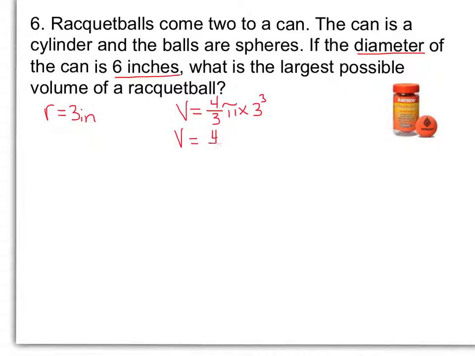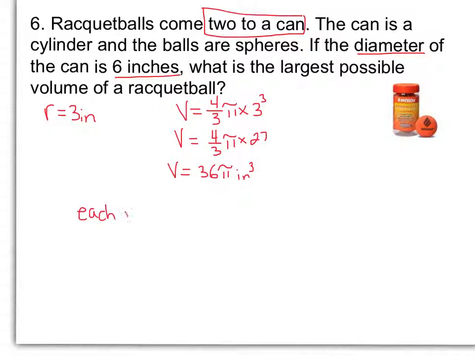So volume equals 4/3 pi times 27, or 36 pi inches cubed. Now that would be a sphere that could fit in the can. Keeping in mind it says that there's 2 racquetballs in a can, we're going to divide that number in half.